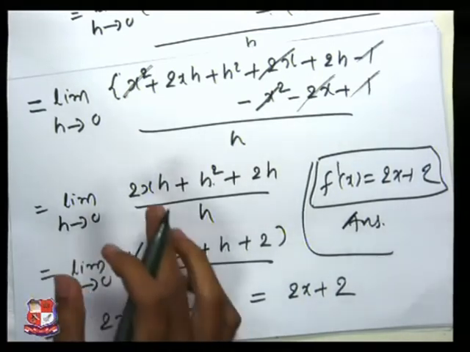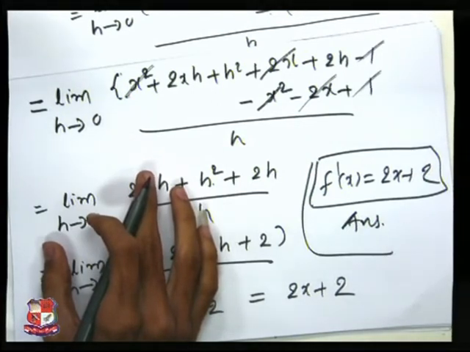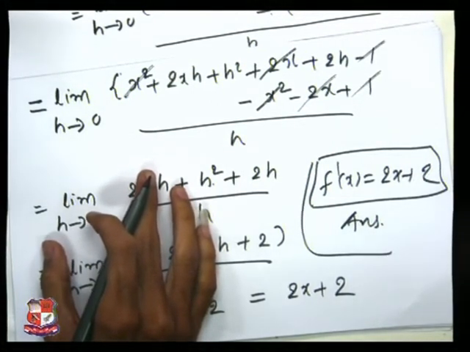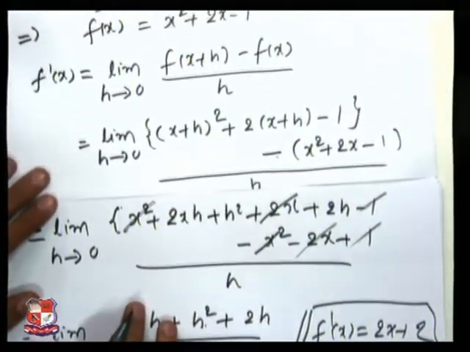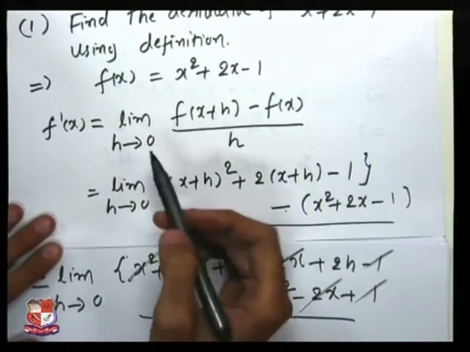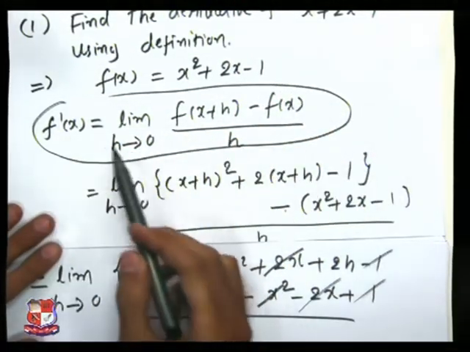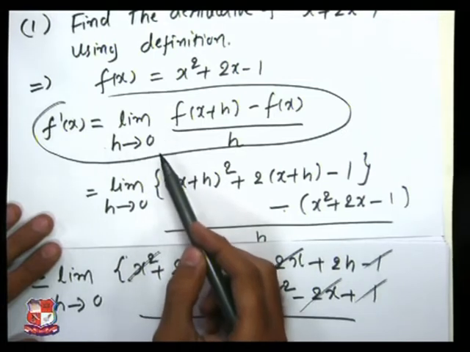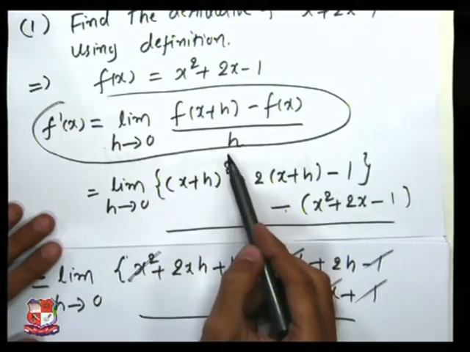In this way we can solve the example and get the derivative of any function using the definition of derivative. Again I want to remind you, this is the definition of derivative: f dash x is equal to limit h tends to 0 of f of x plus h minus f of x, divided by h.